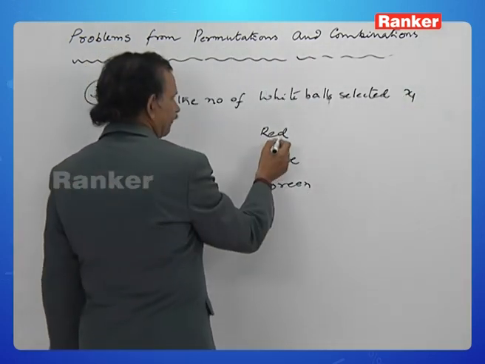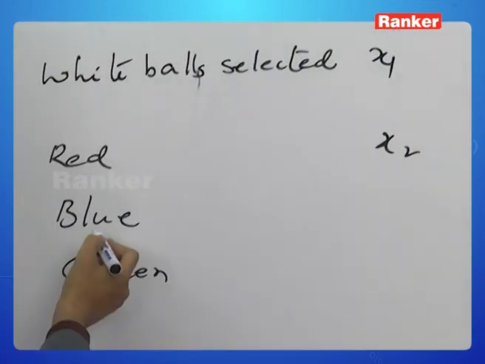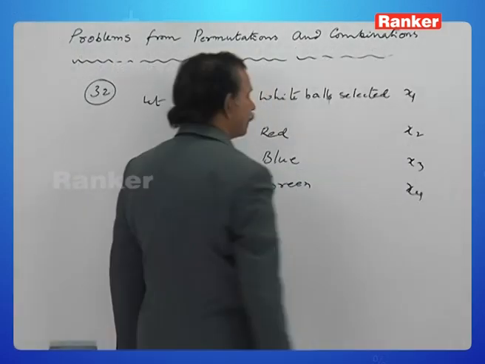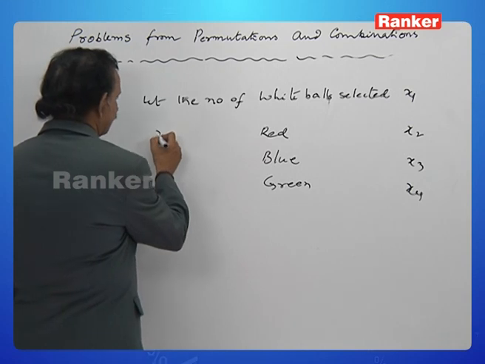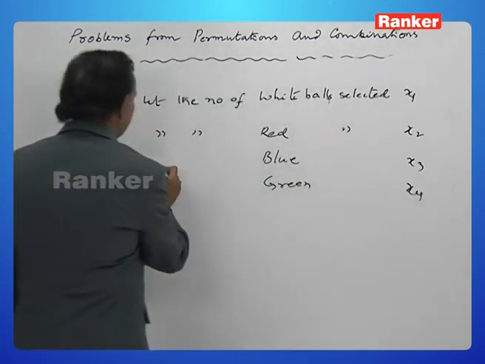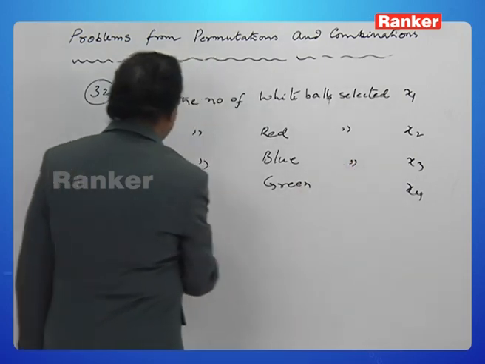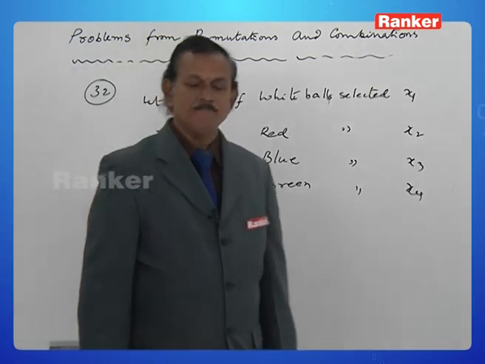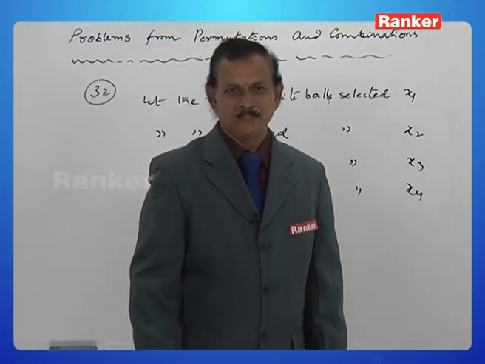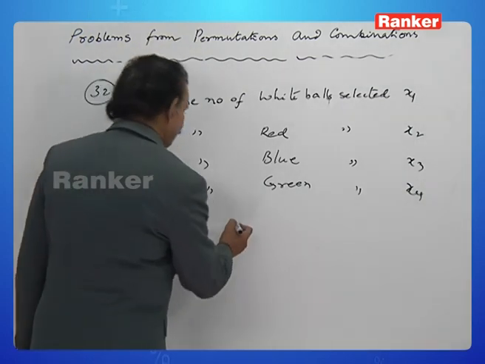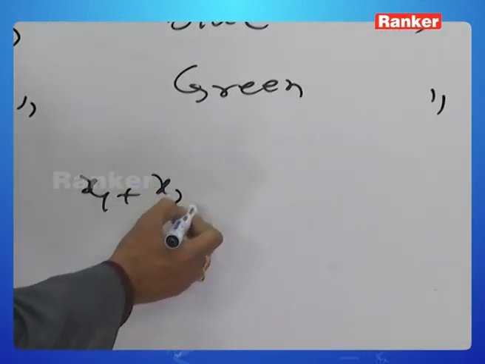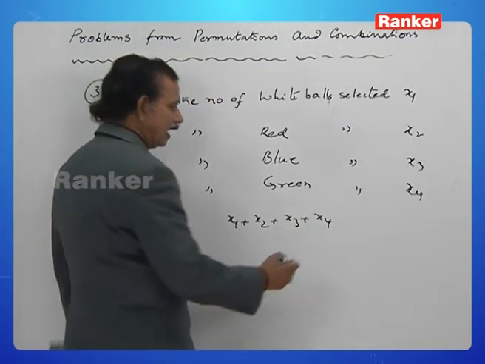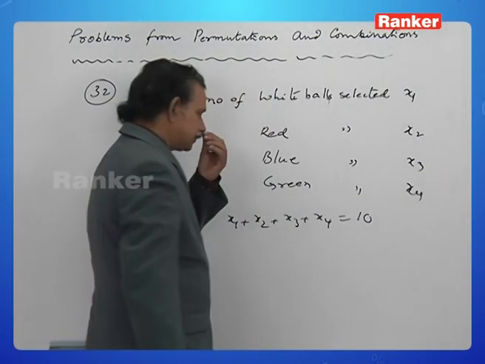Let the number of red balls selected be x2, blue balls x3 and green balls x4. In total, how many balls are to be selected? 10 balls are to be selected. Therefore, what should you have? x1 plus x2 plus x3 plus x4. What is the total number of balls? It is 10.